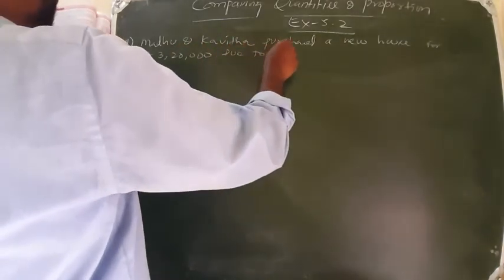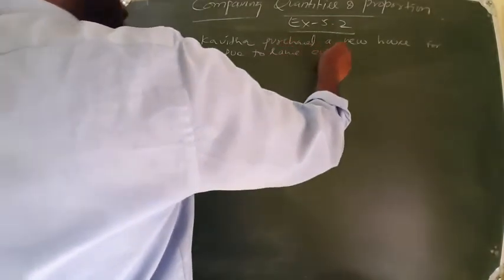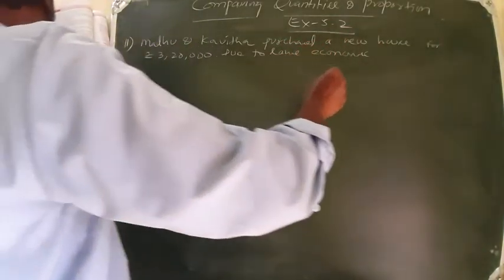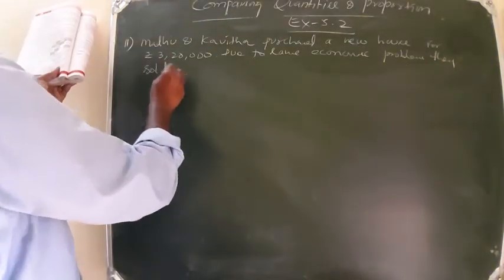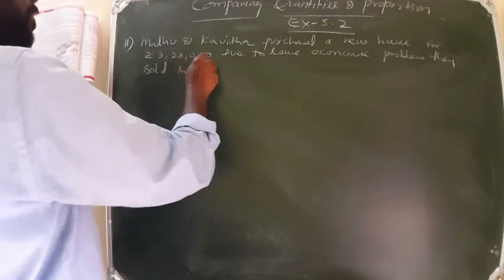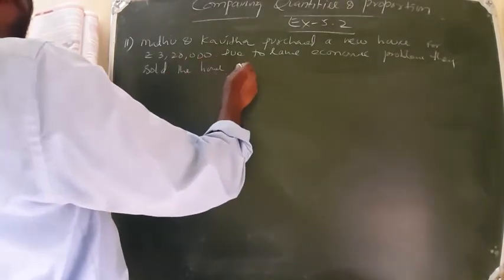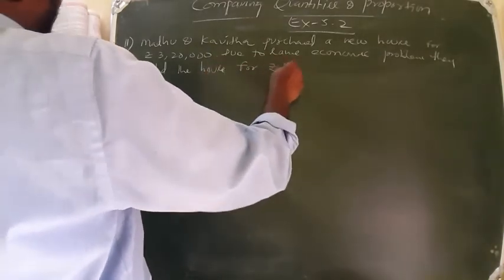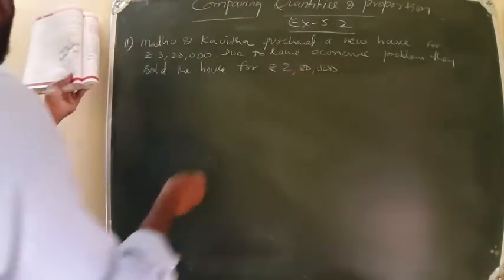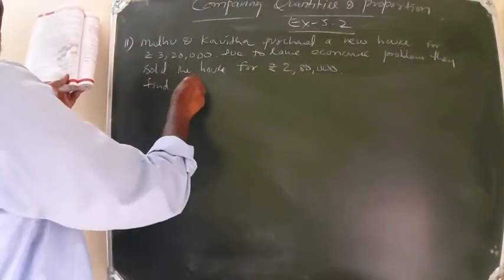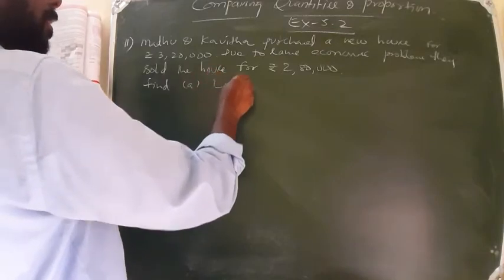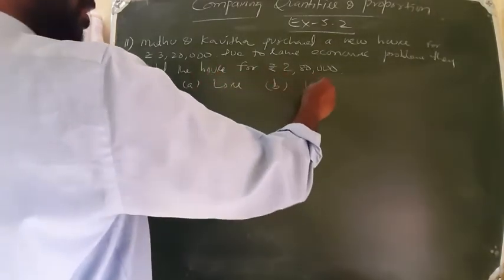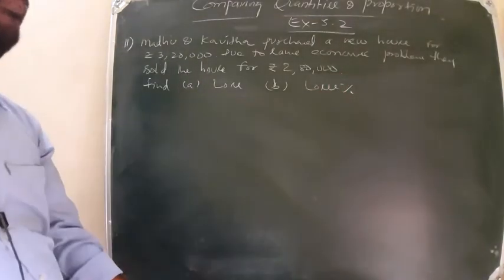Due to some economic problems, they sold the house for rupees 2,80,000. Find the loss incurred and the loss percentage. You have to find it.